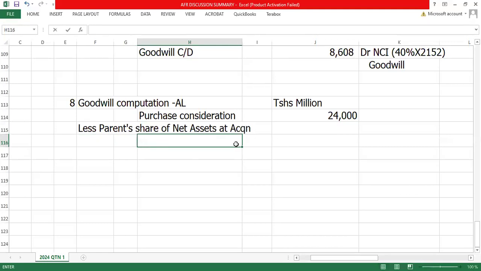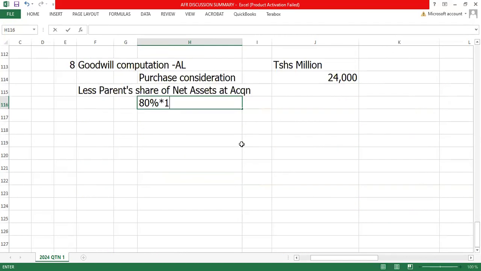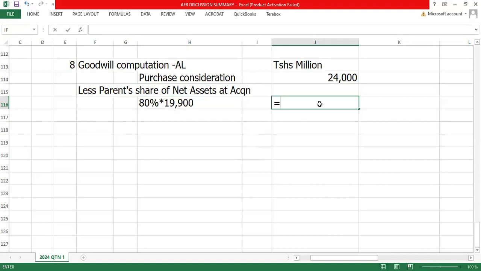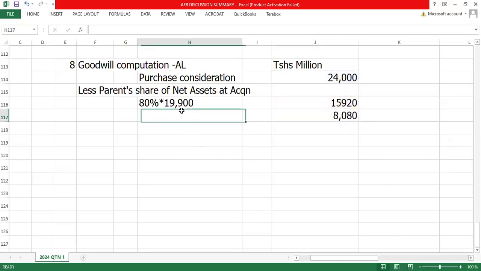We saw that 19,900 in TZ. So it is 80% times 19,900. That's what you get. So the goodwill of the parent will be this one minus this.